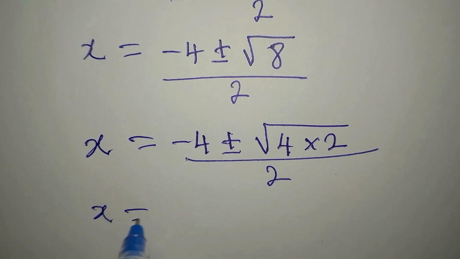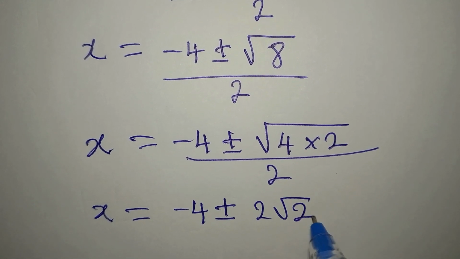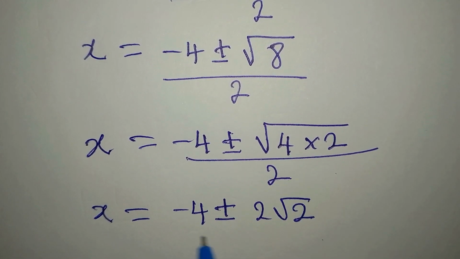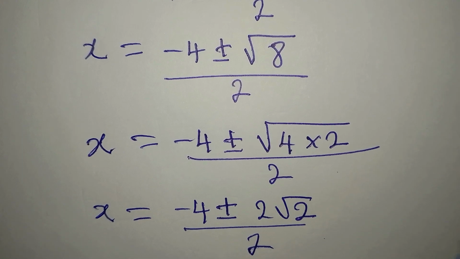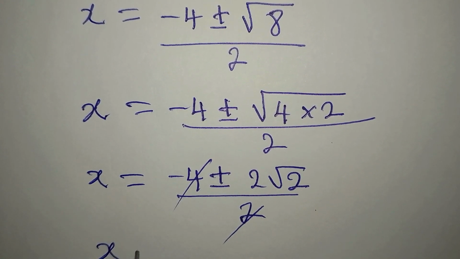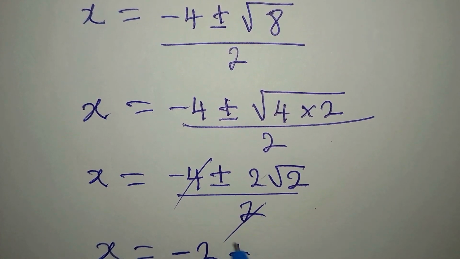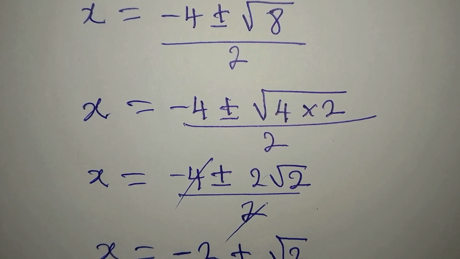This means that x is -4 ± 2√2, because square root of 4 is 2. Then we divide by 2. The 2 will go there, so that x will now be -2 ± √2.